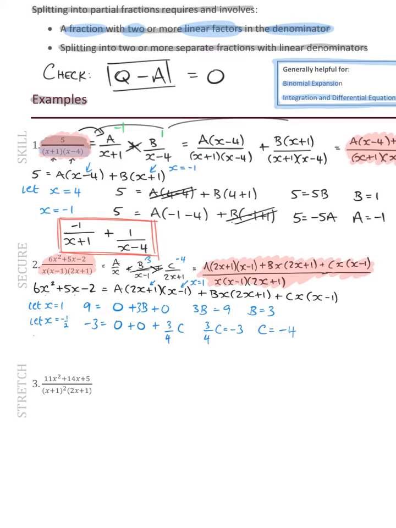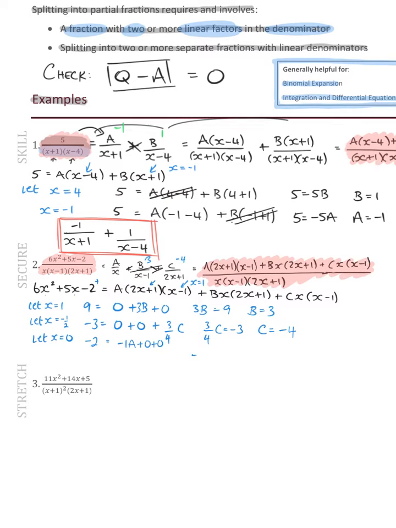And then finally, let x equal 0. So 0 store x. Again, go back up to this bit in my calculator. So -2 equals a times 2x plus 1 bracket x minus 1, exactly as that is. So -1a plus 0 plus 0.